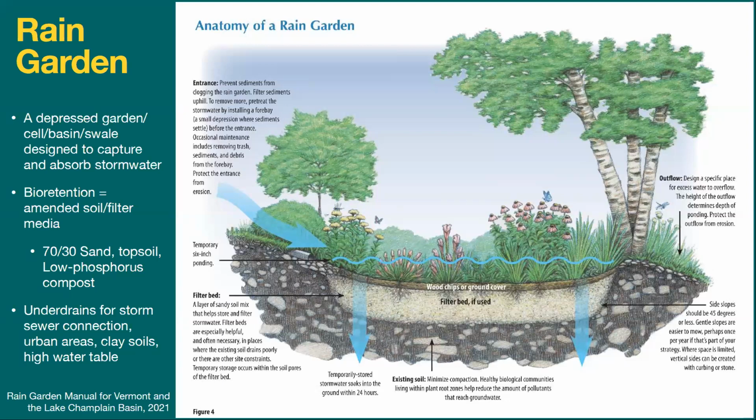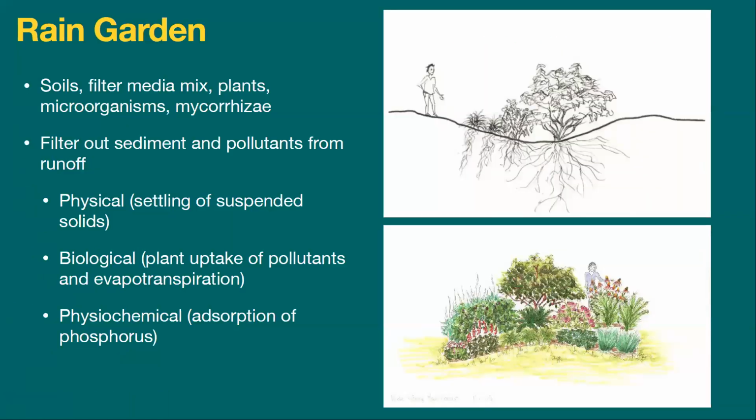Or sometimes there'll be an upturned pipe where once it hits a certain level in the ponding area, it'll flow into a pipe and then flow outward. And that is if a rain garden is connected to a storm sewer, usually in more urban areas, but it also can be used if there's a lot of clay soils and a low infiltration rate in the natural native soils, or if there's a really high water table. But anyway, we'll move on here.